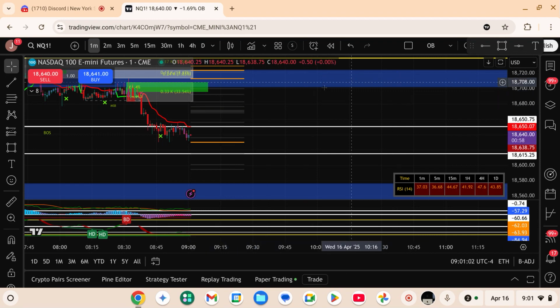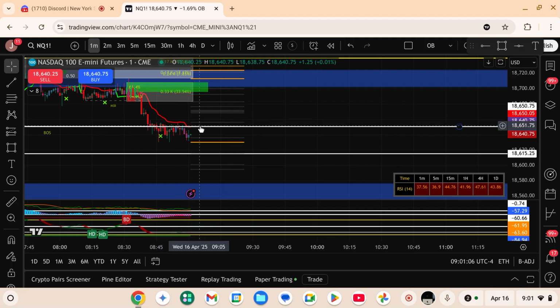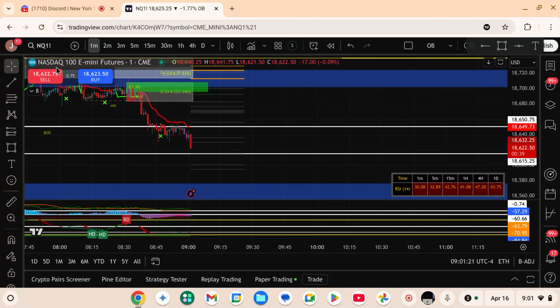And we'll put our stop above this white line. That'll be a tight stop, so you wouldn't really be risking too much. Oh, it's not even giving us the entry.